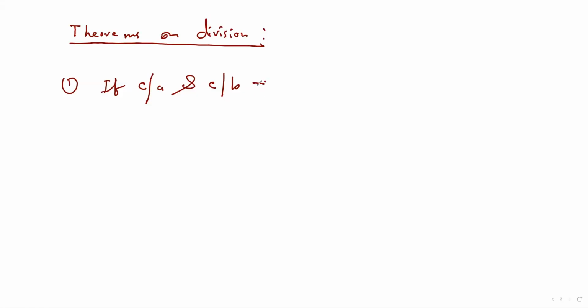Then we must have C divides A plus B. And this should be pretty straightforward to prove, right? Because if C divides A, you can write A as an integer multiple of C, right?